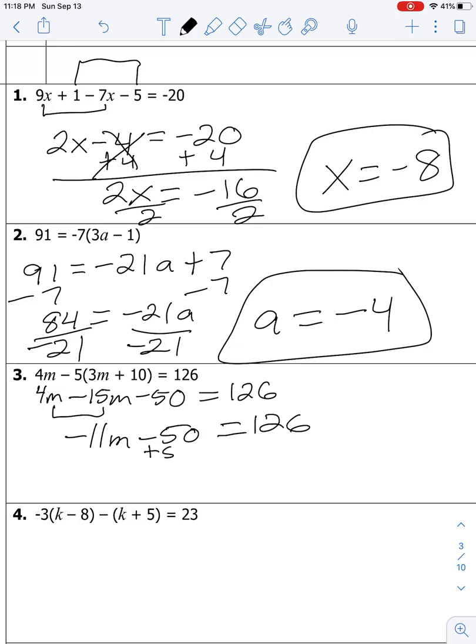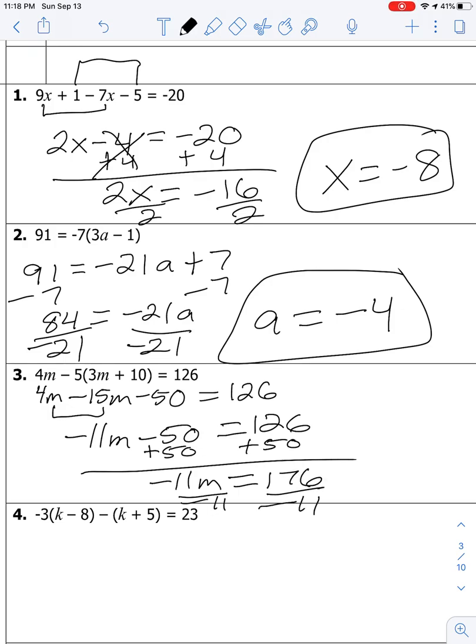So we would add 50 to the other side. We get negative 11m equals 176. Divide by negative 11, and we're going to get m equals negative 16. And that's your answer.